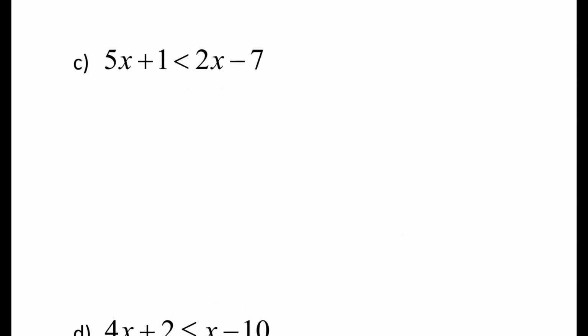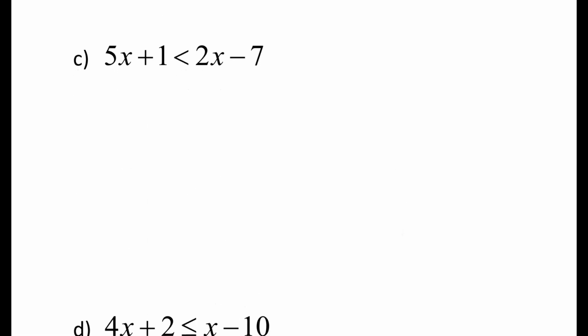For C, we have 5x plus 1 is less than 2x subtract 7. So we need to first get all of our constants onto the right hand side and all of our variables onto the left hand side. In order to do that, we want to move the plus 1 to the right.